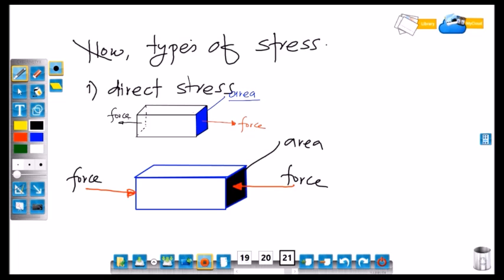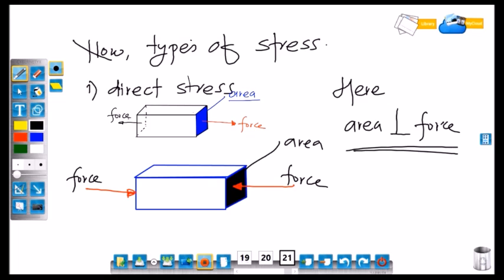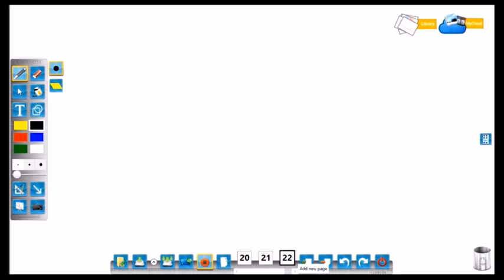So here the area is perpendicular to the direction of force, and direct stresses are classified as compressive as well as tensile stress.